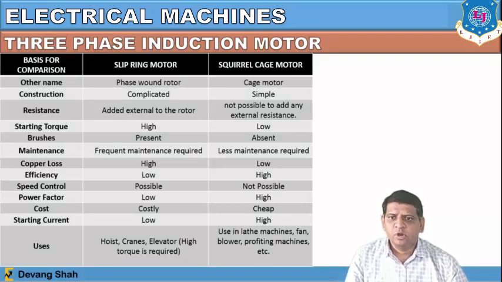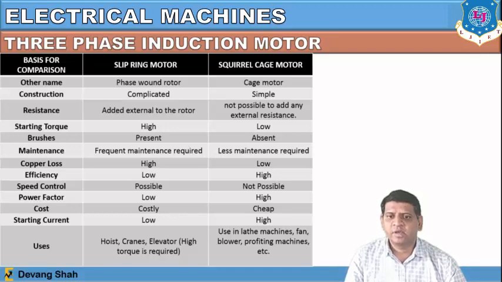Cost is high in the slip ring while very cheap in the squirrel cage type of motor. Starting current is low in a slip ring motor while starting current is high in a squirrel cage type of motor. Now, what are the uses?